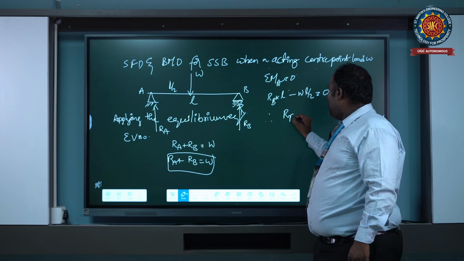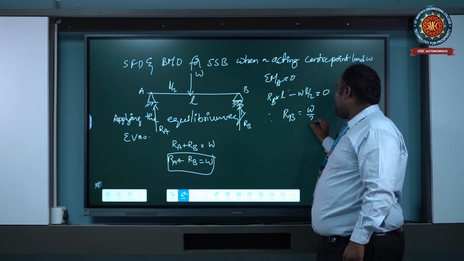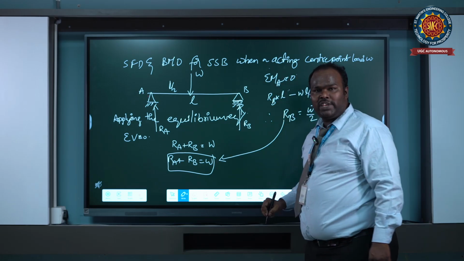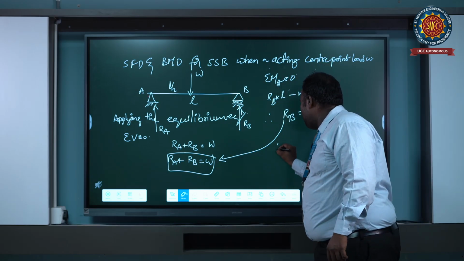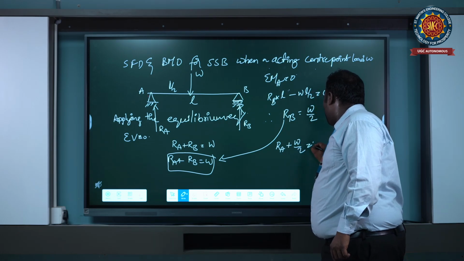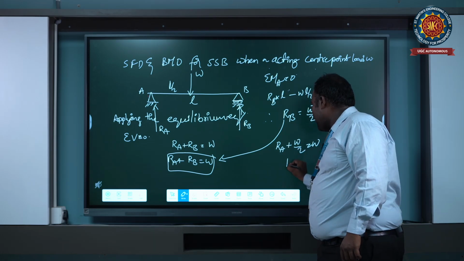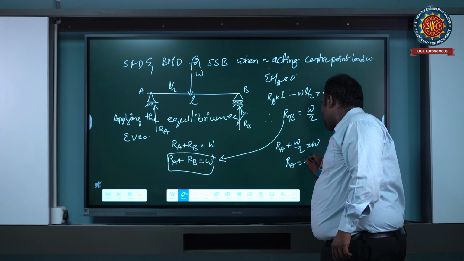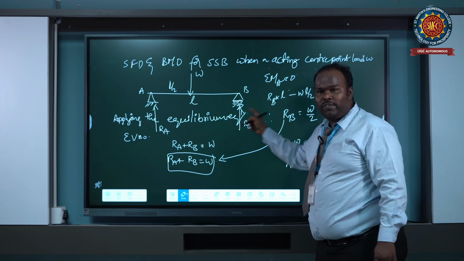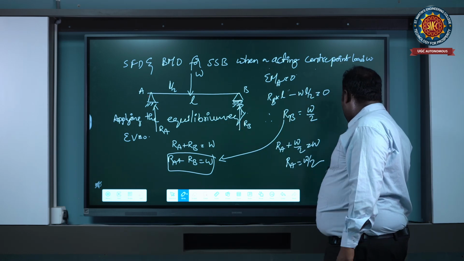Therefore, RB equal to W by 2. Then substituting the RB value in sigma V equal to 0, it becomes RA plus W by 2 equal to W, then RA equal to W by 2. So here we can find the reactions of the beam.